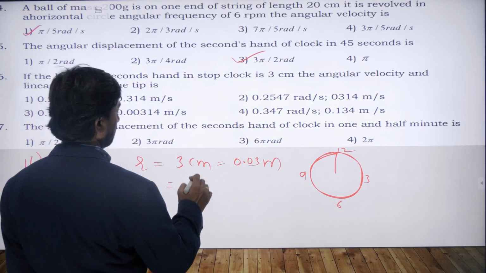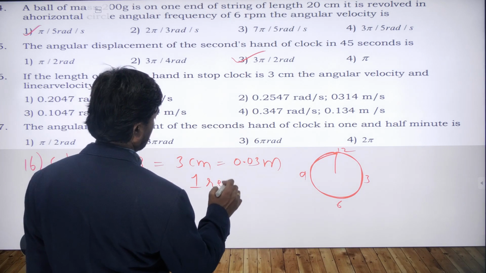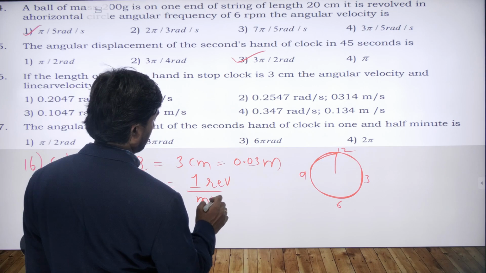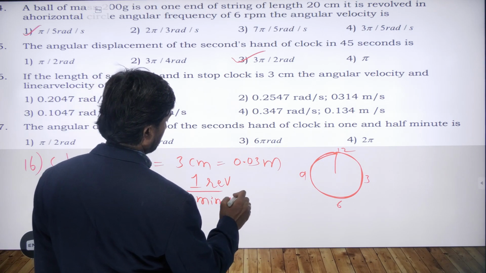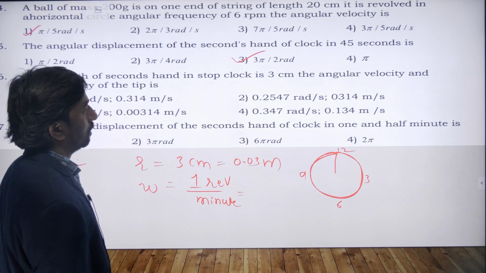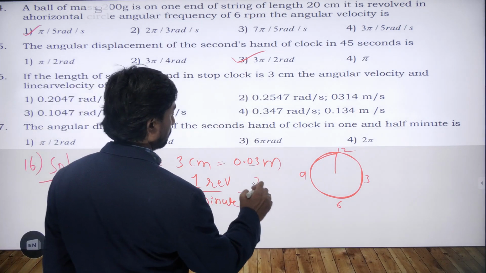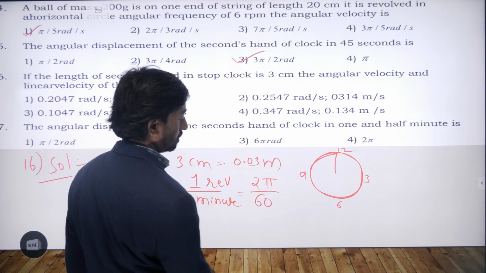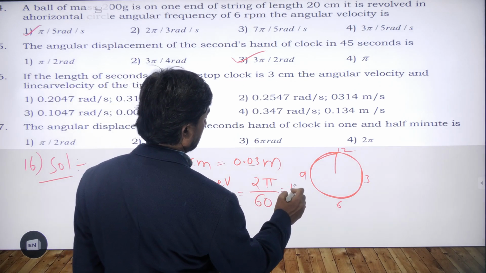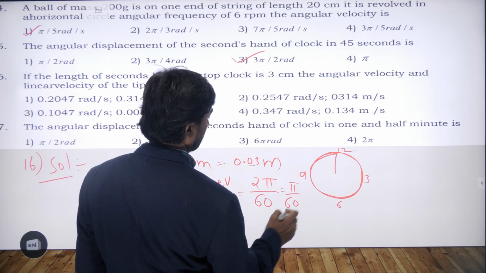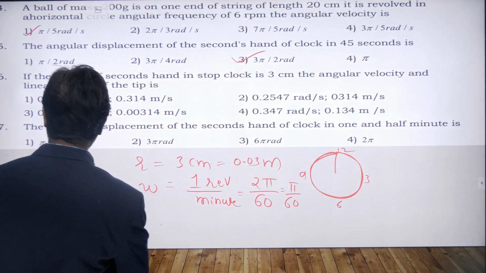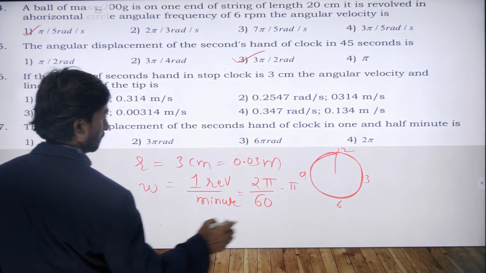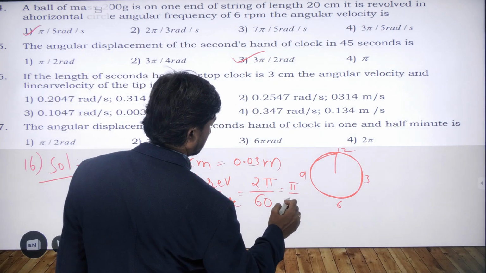So one revolution per minute, in radians, is 2 pi divided by a minute, which is 60 seconds. So pi by 30.